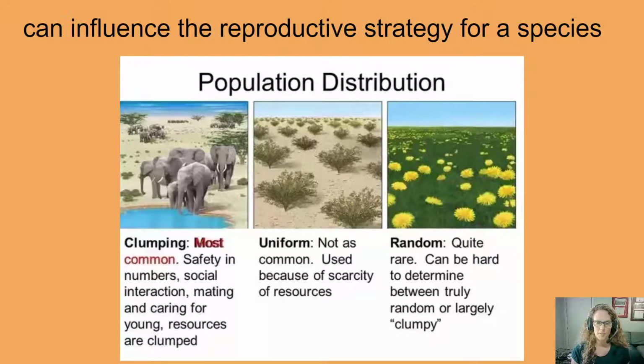Plants are maximally distanced, kind of like our social distancing right now, to have the roots spread out and get the most water and not have to share that scarce resource. Random is hard to figure out, it's just no rhyme or reason. It basically survives where it's at. But most are clumped, usually because of where resources are.